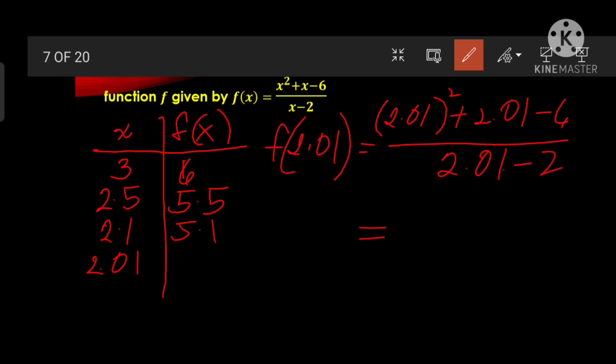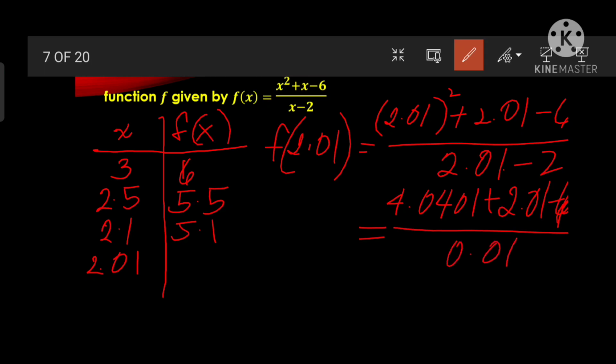So 2.01 squared is simply equal to 4.0401, then plus 2.01 minus 6, and this is actually 0.01. 2.01 minus 2 is 0.01.